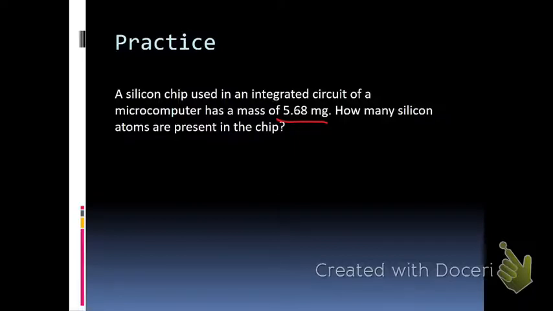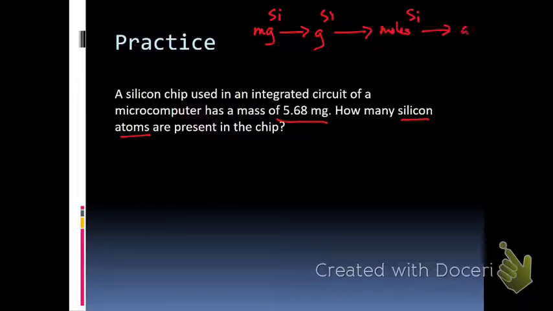But if you look at the mass to moles, we have to actually convert that first to grams, and then from there we have to convert. So we want to know how many silicon atoms. So this is milligrams of silicon, Si, grams of silicon. So if you look at the map, we can't go from grams all the way to the atoms. We actually have to figure out the moles of silicon. And then once we figure out the moles of silicon, then we can figure out the atoms of silicon.